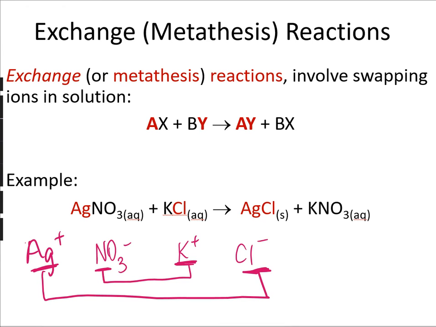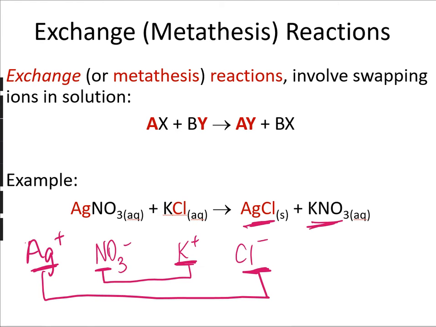When these compounds pair, ionic compounds are formed when oppositely charged ions combine in the lowest ratio. So silver has a +1 charge, chloride has a -1 charge, so you only need one of each, which is where that AgCl formula came from. Potassium has a +1, nitrate is a polyatomic ion that has a -1 charge, so again, you only need one of each.